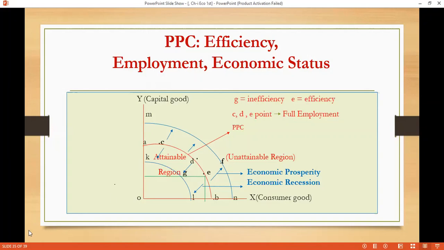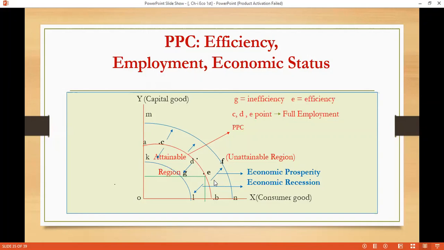In this way, PPC goes inward. That is the KL PPC curve. So it is good for the country to reach the upper PPC, and going to the lower PPC is not good for a country.